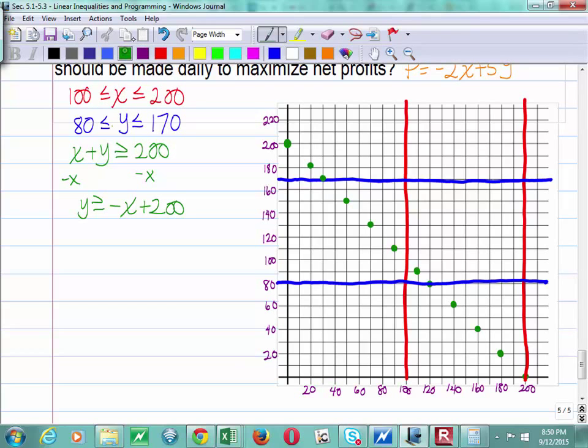Solid line. Alright, so it's got to be greater than that, but it's got to be inside the box. So here's my feasible region.